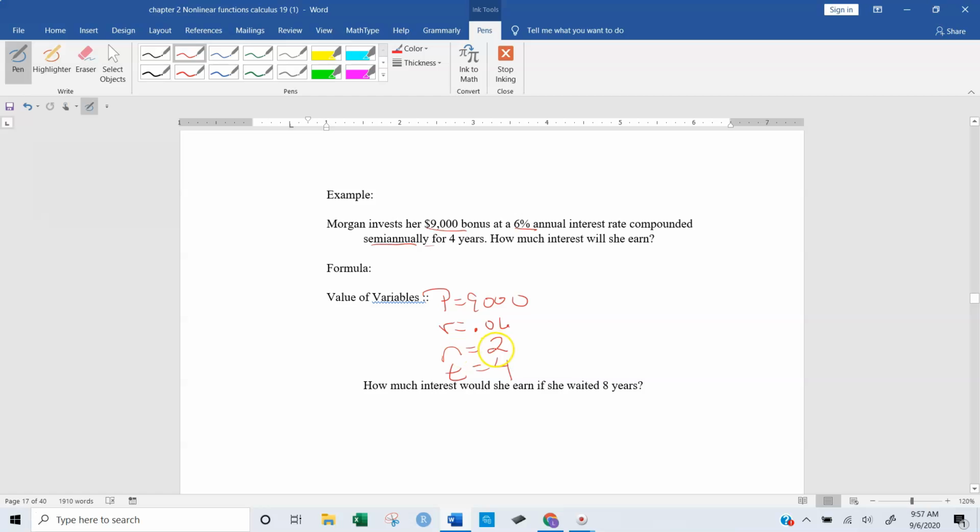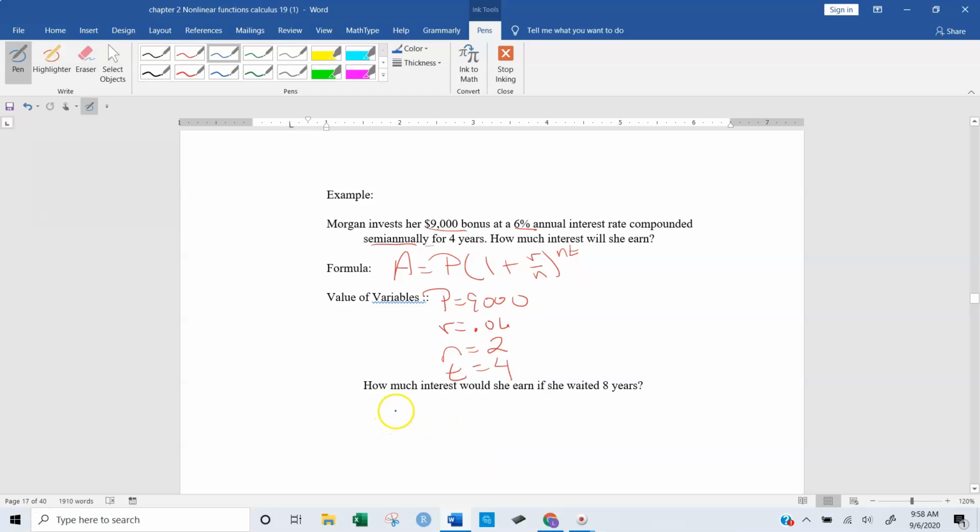All right, since I have semi-annual compounding, I know I have to use my compound interest formula, which is P times 1 plus R over N, to the NT power. That's N times T. Okay, let's plug our numbers in and see how we do.